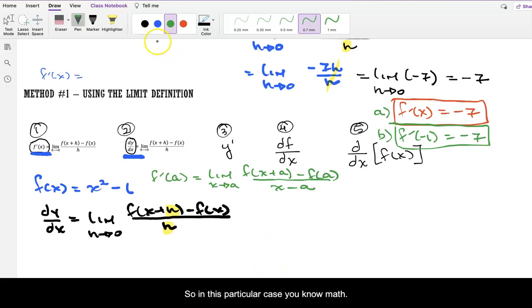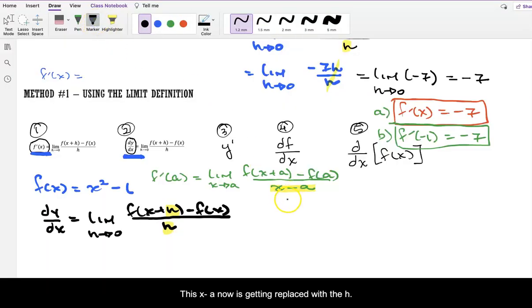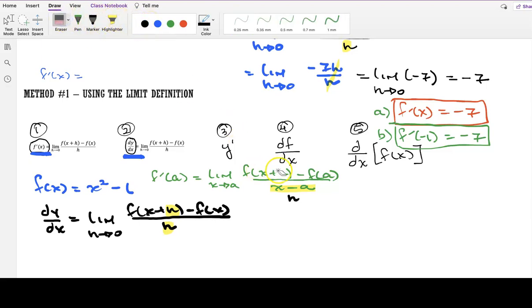In math, we try to keep things simple, but then we're not. This x minus a is now getting replaced with the h. And what we're trying to do is take those, because remember, this represents the average rate of change, which is the secant line. And actually, this is not it. Sorry.